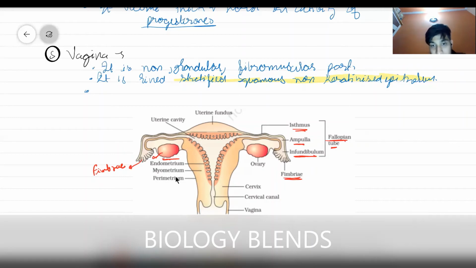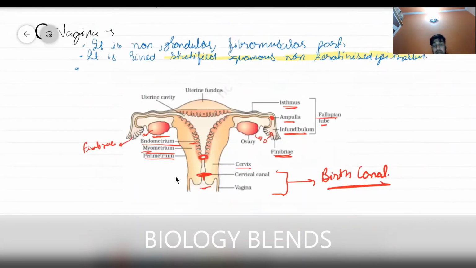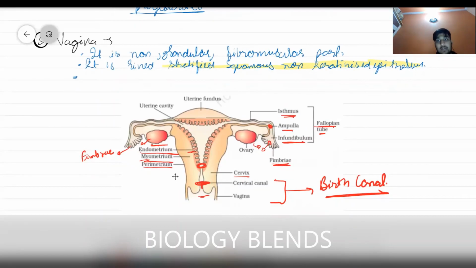The fallopian tube has three parts: infundibulum, ampulla, and isthmus. Ova goes here; it is the site of fertilization. Then the uterine cavity, endometrium, myometrium, and perimetrium. Cervix, internal os, external os, cervical canal, and the vagina. The cervical canal and the vaginal canal form the birth canal.